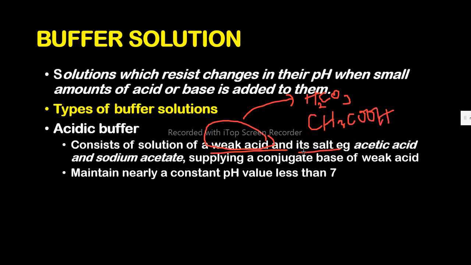And its salt that is formed by reacting that acid and a strong base, or you can say its conjugate base, or the conjugate base of a weak acid. For example, when we react this with sodium hydroxide, we shall form sodium, probably hydrogen carbonate. When we react this with, we shall probably form acetate.